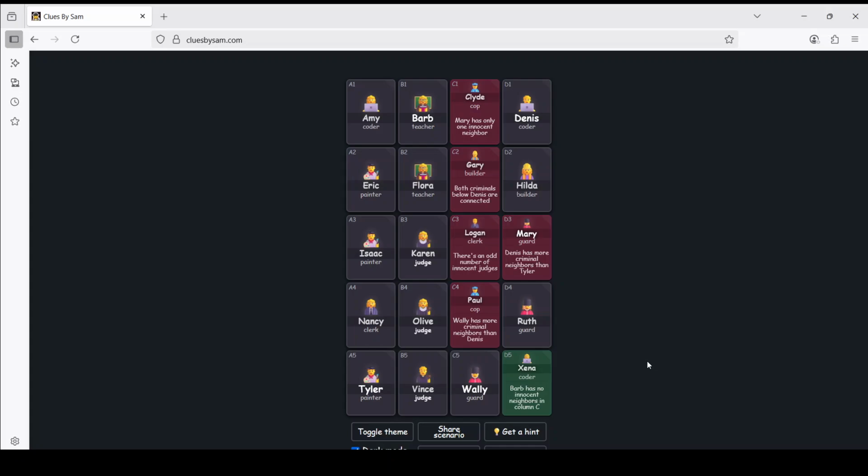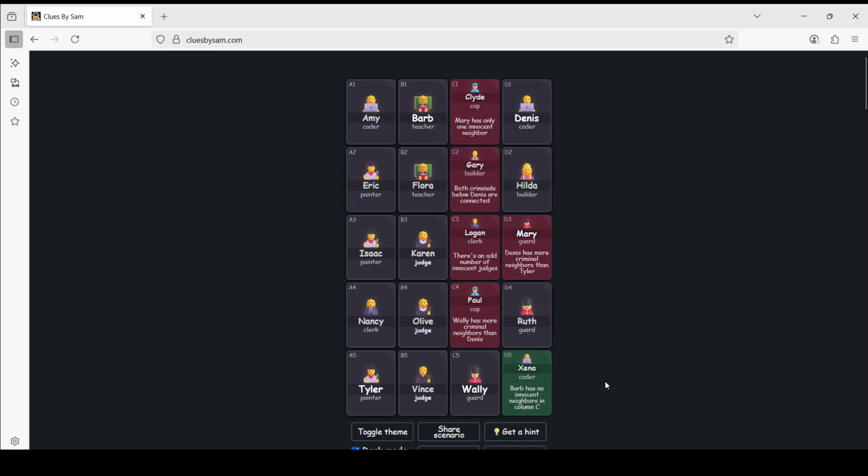And if Dennis has 3 criminal neighbors, he would have to have all 4 criminal neighbors. Then that would give, by necessity, Tyler 2 criminal neighbors. So that does seem like a possibility here. That said, if Wally has, for example, 3 criminal neighbors, that would mean Dennis has only the 2 revealed and Tyler would only have 1. So let's go back through the other clues to see if we have a different angle we can work.